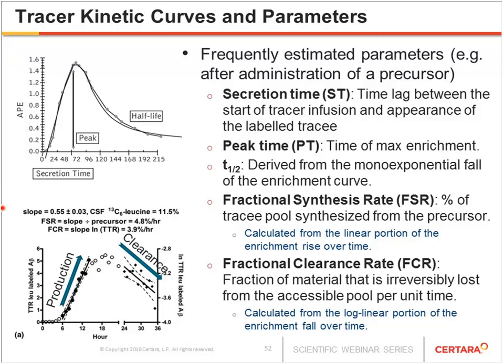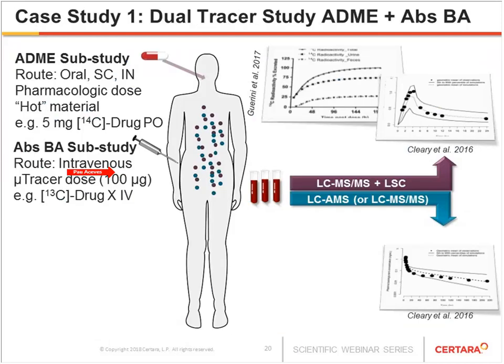Let me go back to that slide just to remind people of that particular case study. I think based on costs of conducting the microtracer sub-study might outweigh the sort of benefits of doing this particular type of approach in healthy volunteers.